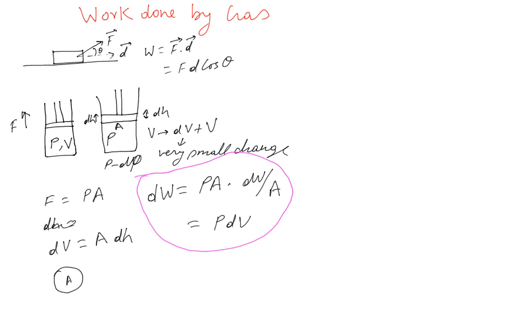Now you know that if you let this happen such that the piston keeps on moving until it reaches the top, such that the pressure inside is the same as the pressure outside, you have to add all these small dW's to calculate the total amount of work done. The way we do the sum is we integrate over all the dW's. So this is nothing but the integral of P dV, where we change our volume from V initial to V final.